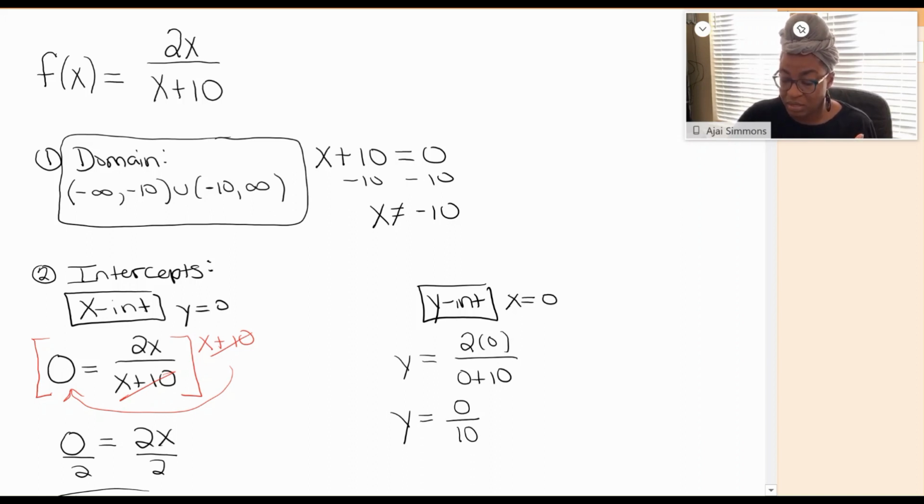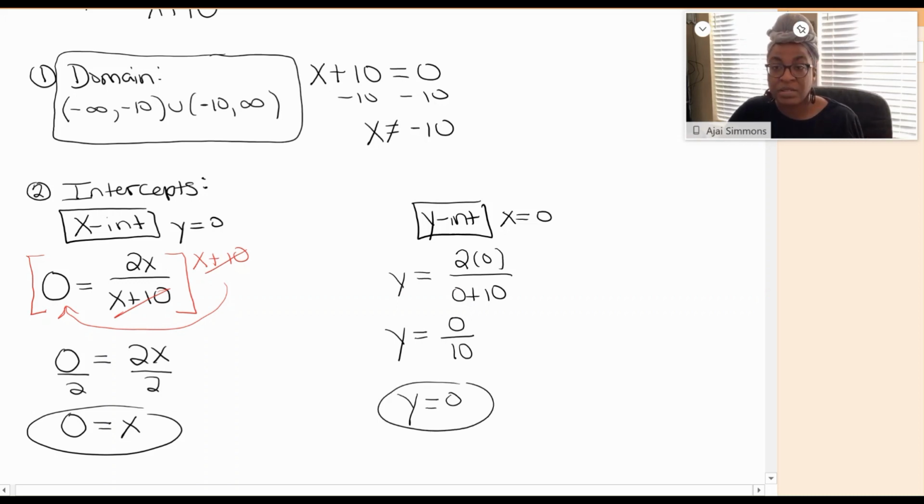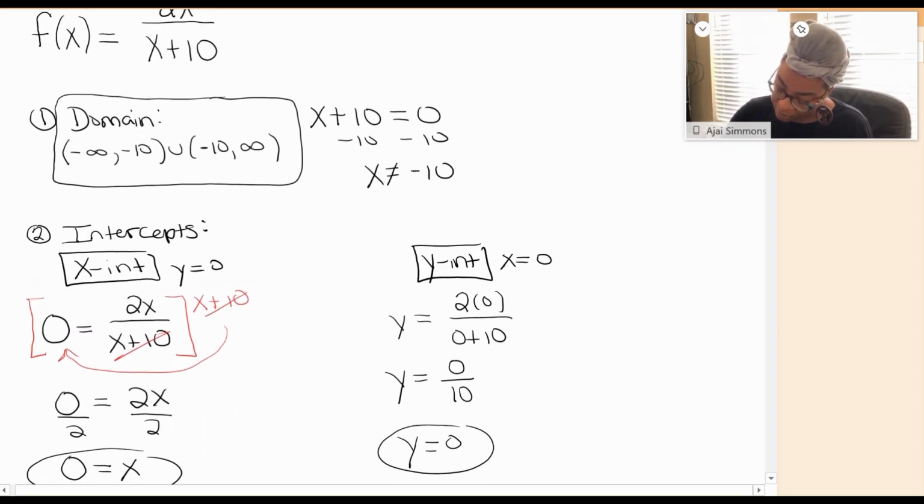And what's 0 divided by 10? That's going to be 0 as well. So your x and y intercepts are both at 0, 0. If you get 0 for the x, you're going to get 0 for the y, just FYI on that. So we found the intercepts.